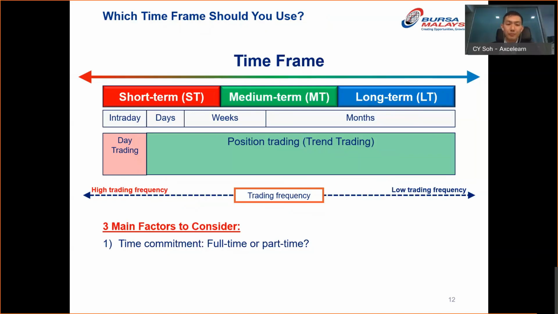So the first thing on time frame that we need to consider is whether you are trading part-time or full-time. And I believe most retail traders have their own full-time job, so trading would be a part-time thing that most of us would be doing. And the next thing is your frequency: do you want to trade a lot or do you want to trade little?